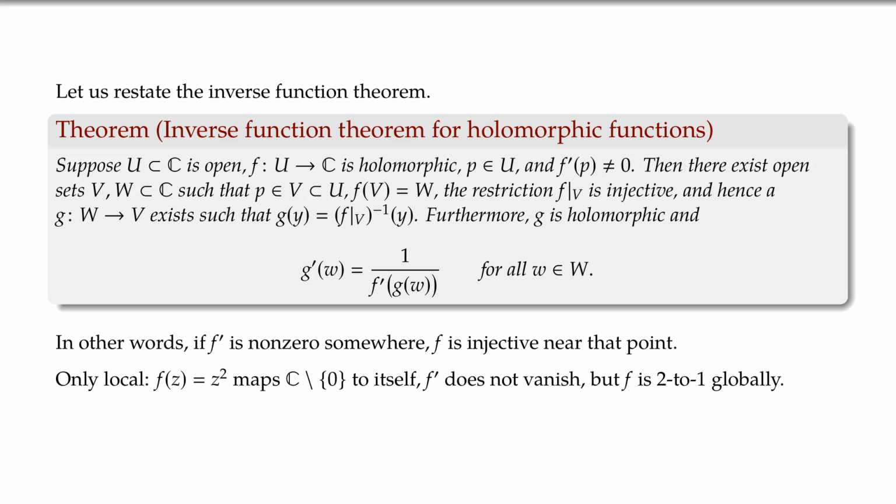The derivative never vanishes, and the function is not one-to-one globally. It's one-to-one locally, right? Near every point there is a neighborhood such that it's an injective mapping onto a small neighborhood, and it has a holomorphic inverse, right? But not globally. Globally, to every point there are exactly two square roots, right?